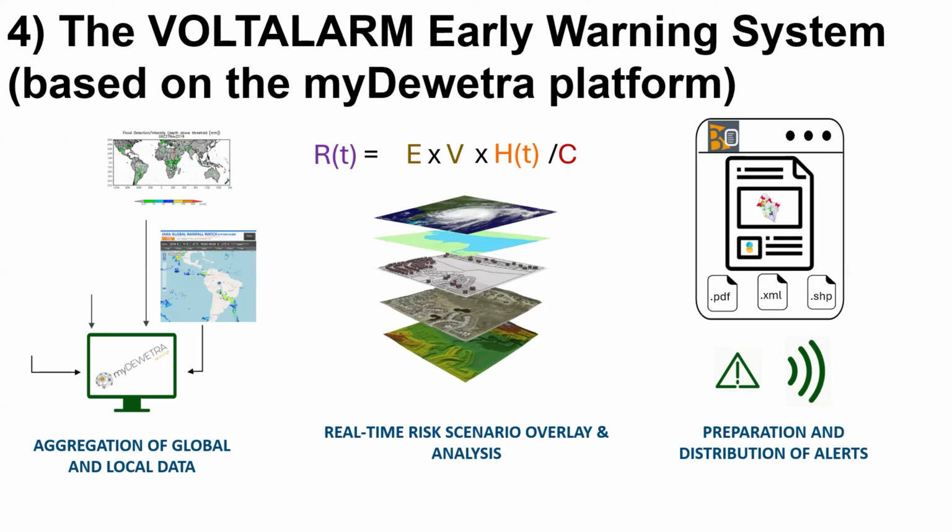First, the local data aggregation: we need data from hydrological institutes, data from the meteorological agency, data from the health agency, and social protection tools.